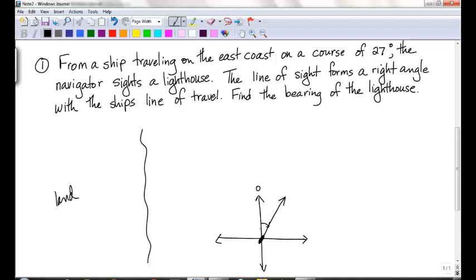Anybody having trouble viewing that? Here's your ship, going off this way. 27 degrees. And the line of sight forms a right angle. The navigator is on that ship. The navigator spots a lighthouse. The lighthouse is over here.